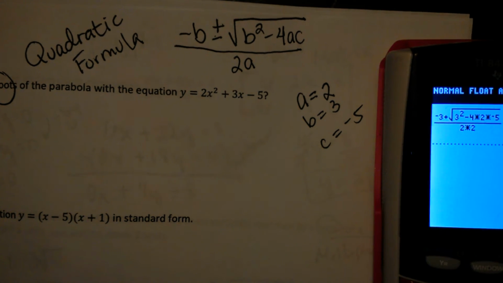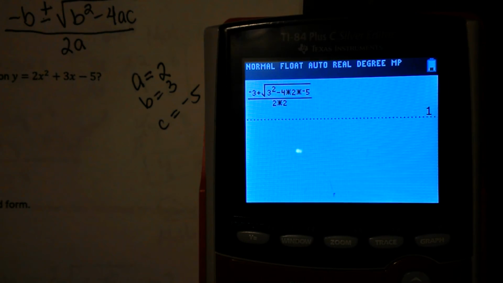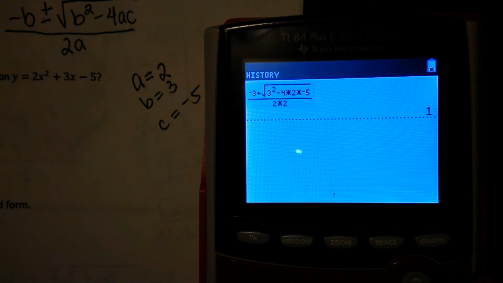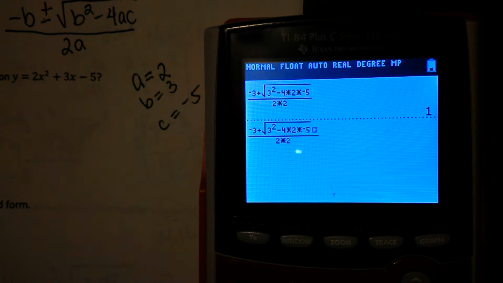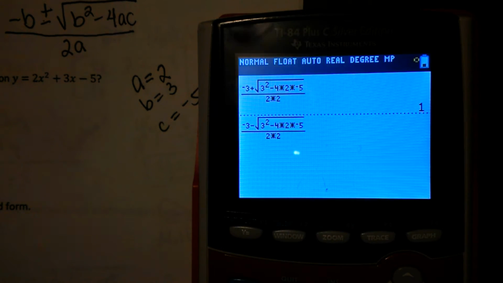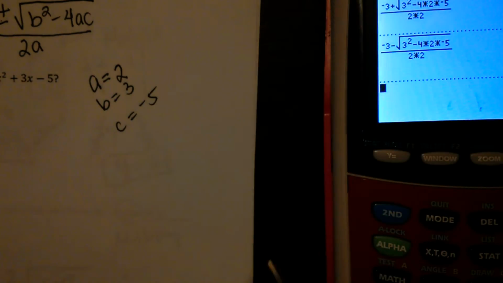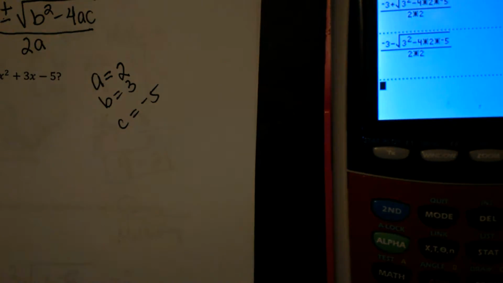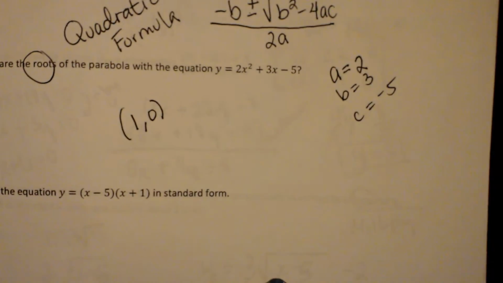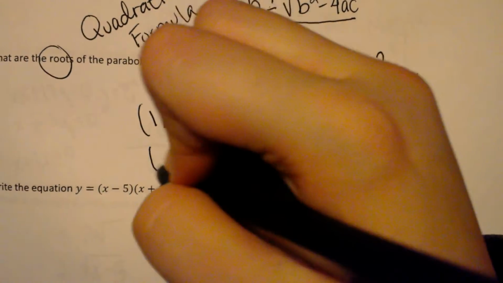So I get 1. I'm going to arrow up, press enter, and now I need to subtract the square root. I get 1 and -5 halves. So the roots are the points. So 1, 0, and -5, 0.